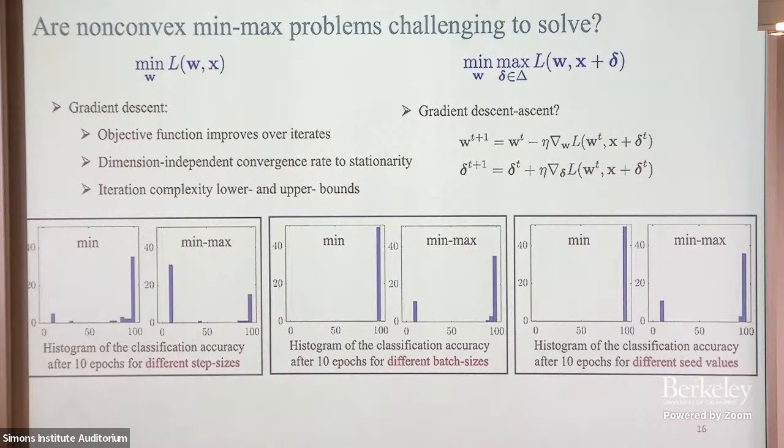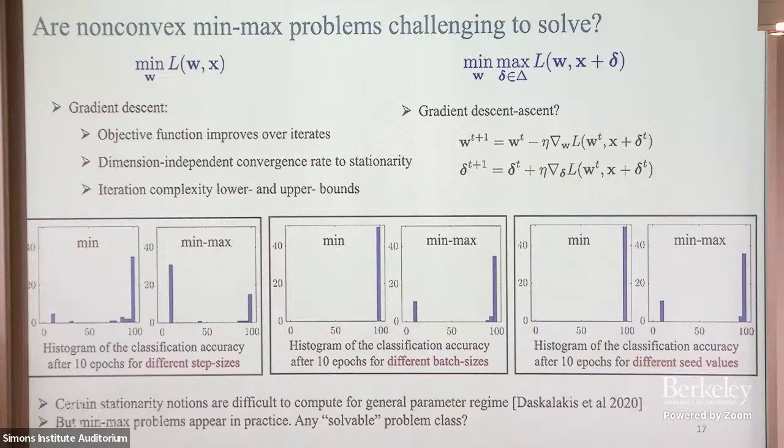So it's basically not a very reliable algorithm, and we have seen what the issues are. So these min-max problems are not only hard in extreme cases, as Manolis was talking about, but we also see the hardness in practice.